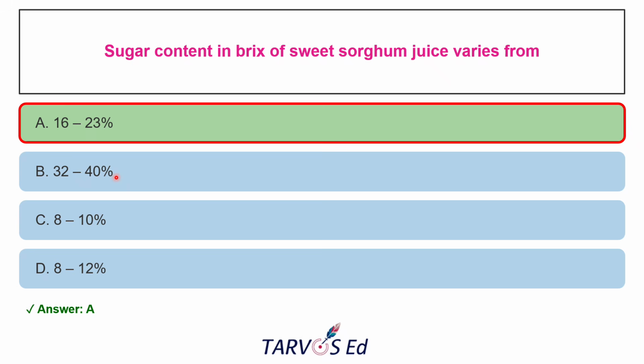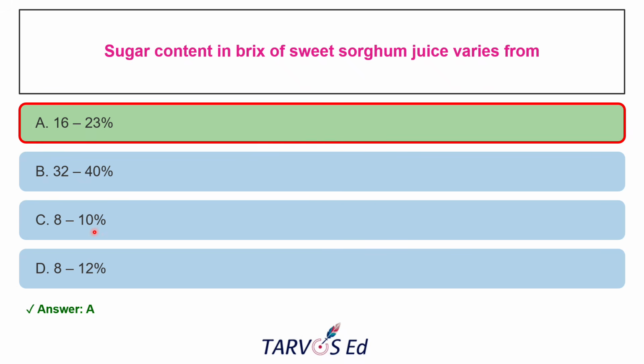After boiling, or thick syrup, that is not a raw sorghum juice. Raw sugarcane juice itself has more than 20% Brix. So it is not a correct answer for sweet sorghum juice. And 8 to 10%, again, is too low.